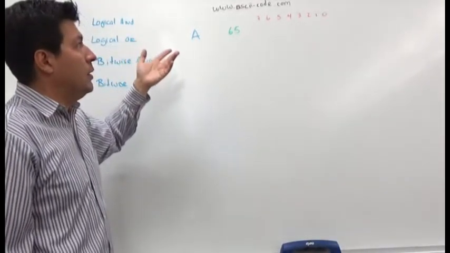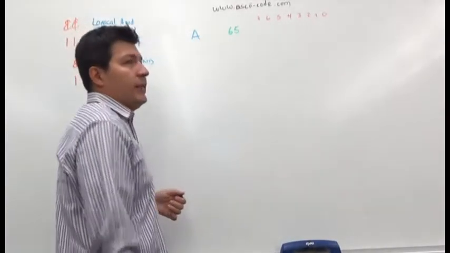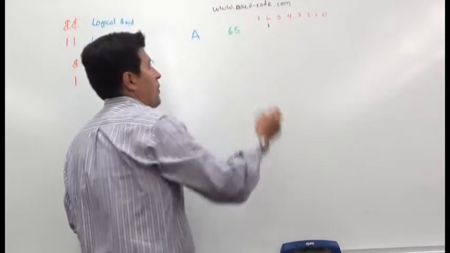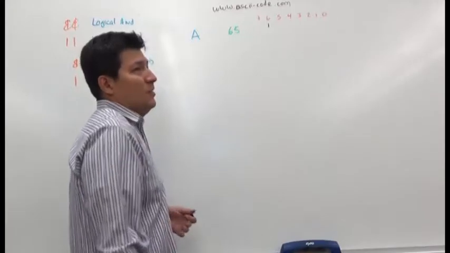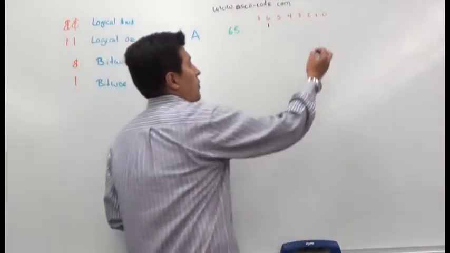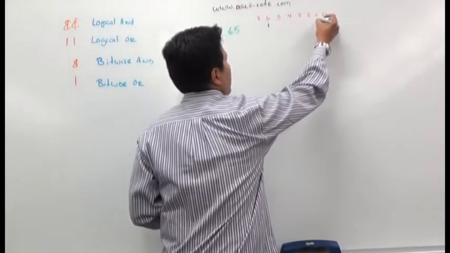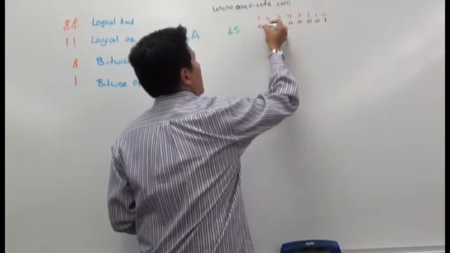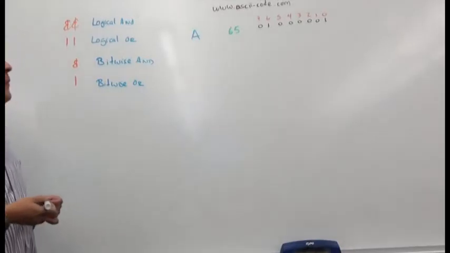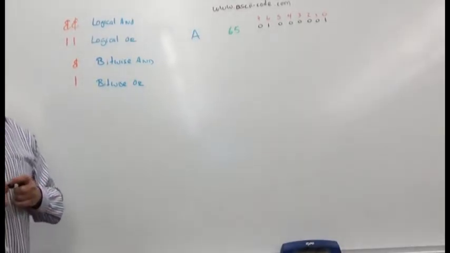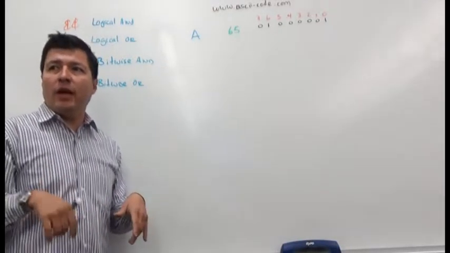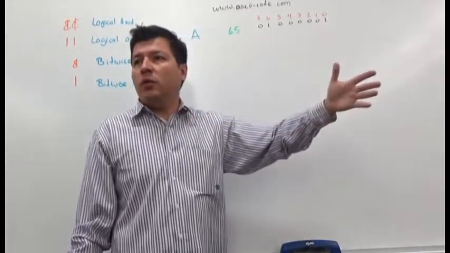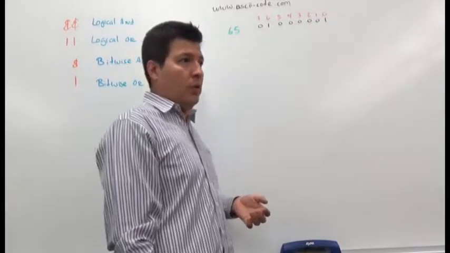Is that 2 to what? 2 to the 6, right? 64. So 65 minus 64 is 1. So what's the other? 2 to the 0 is 1, right? So that's how 65 is in binary. So when you press the capital A, this is what this stream of bytes looks like when it's transmitted to your computer.